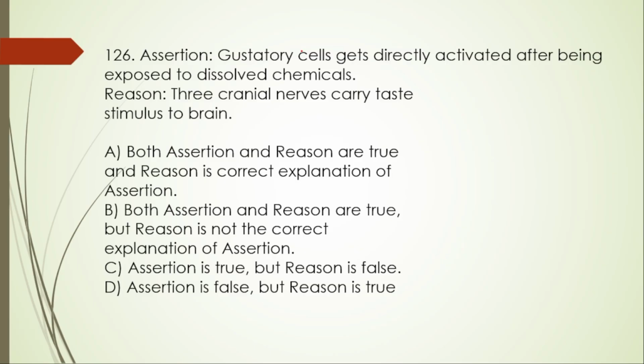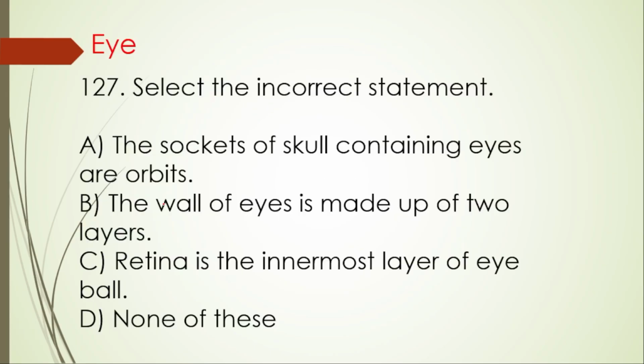Assertion: gustatory cells get directly activated after being exposed to the dissolved chemical. Yes, this one is true. Reason: 3 cranial nerves carry taste stimulus to the brain. This one is also true. But it is not the correct explanation of that. So the right option is B.